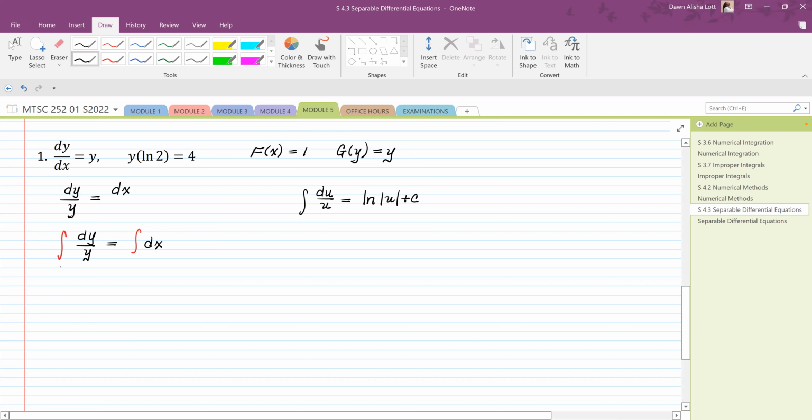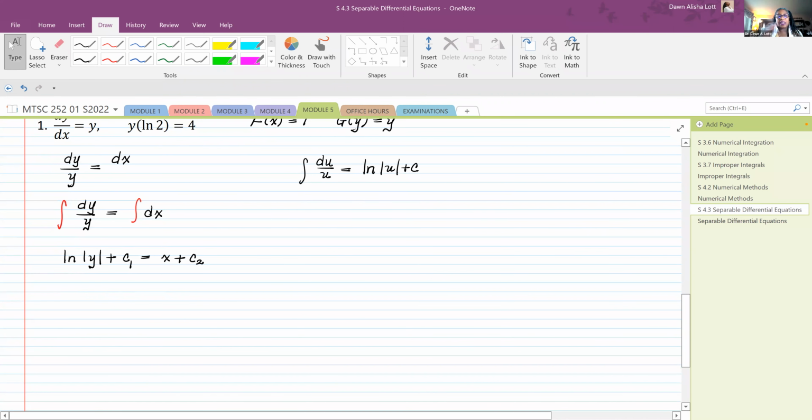Okay, so that means that's what I get over here. I get the natural log of the absolute value of y, but I'm going to get a constant, and I'm going to call that constant C1, only because when I integrate the other side, which is x, I'm going to get another constant from that, which I'm going to call C2. So now I'm going to make life easy.